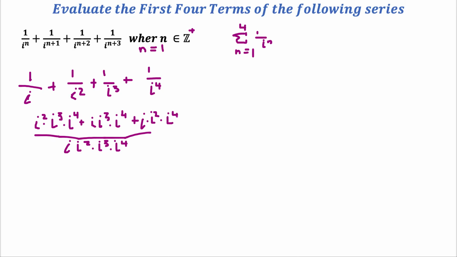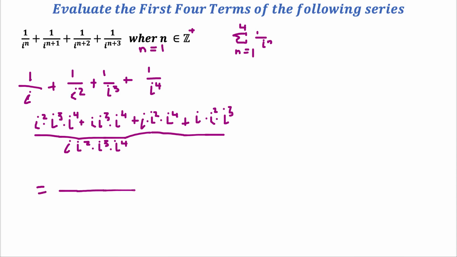And in the last term we write everything except we are excluding i to the 4. It's going to be i times i squared times i to the exponent 3. And this is going to be this side now.